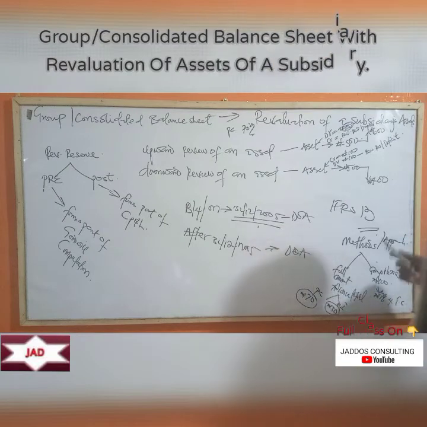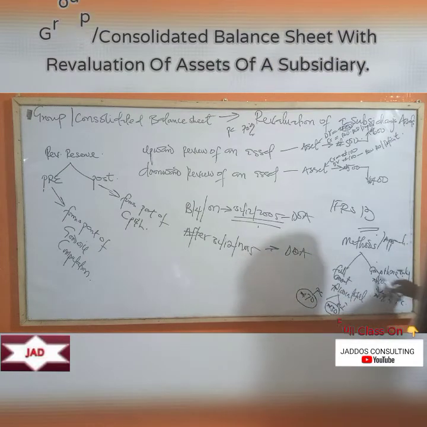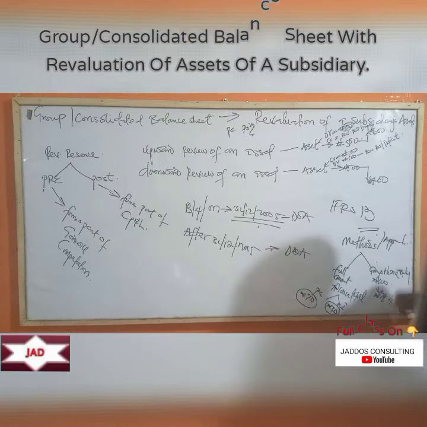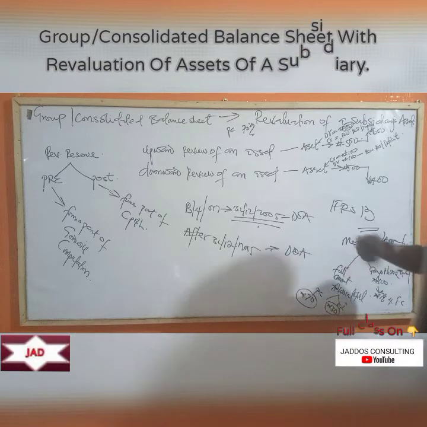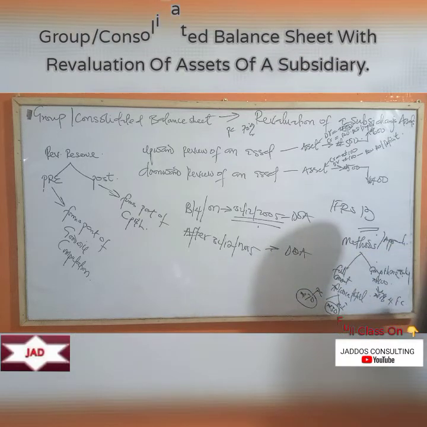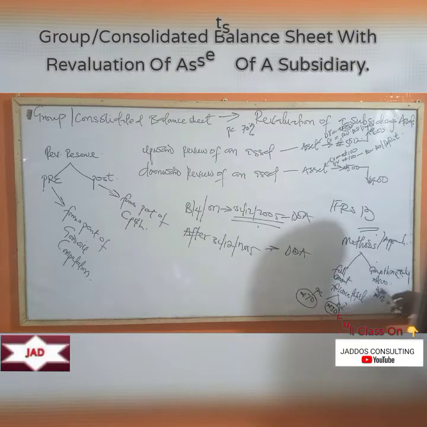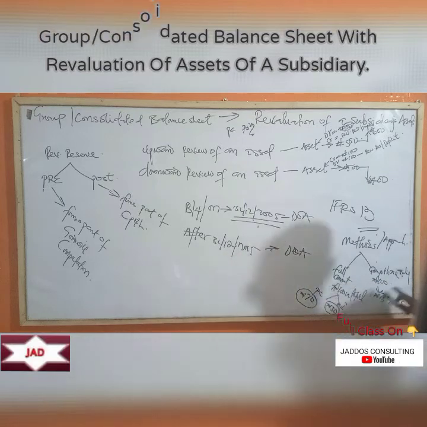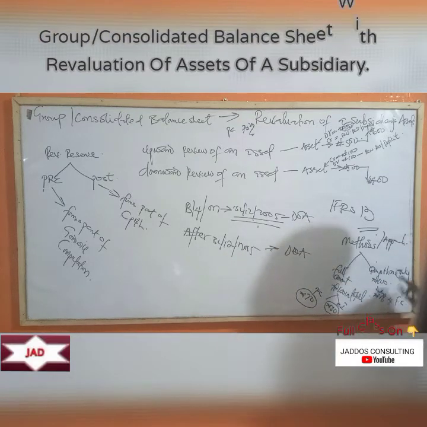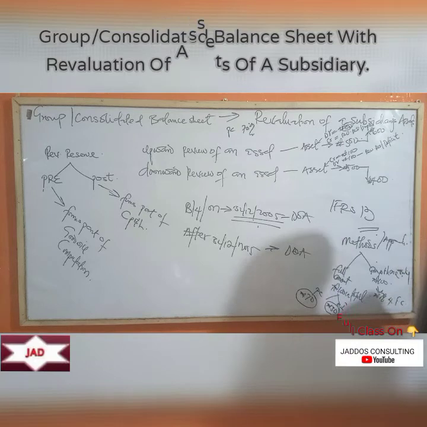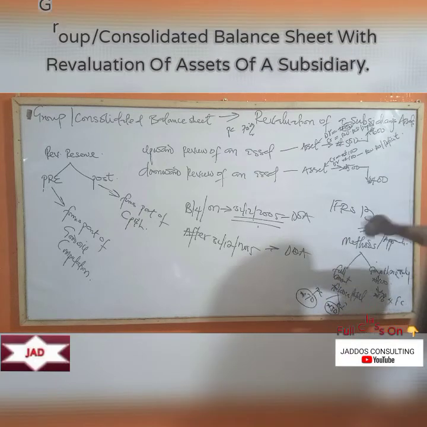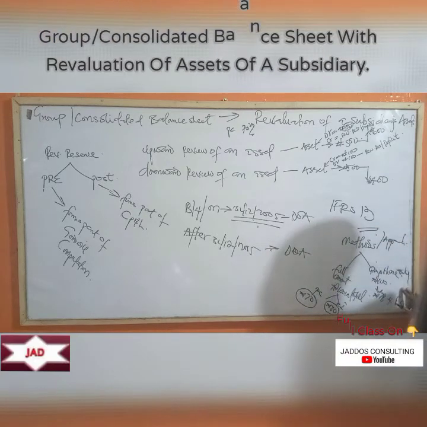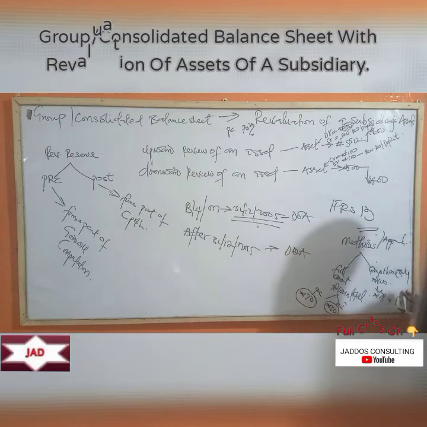So at consolidation, you are only going to account to the extent of the parent company's holding in the subsidiary. You ignore the minority interest. That's the group share only.